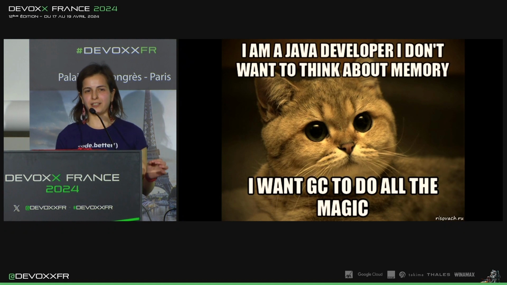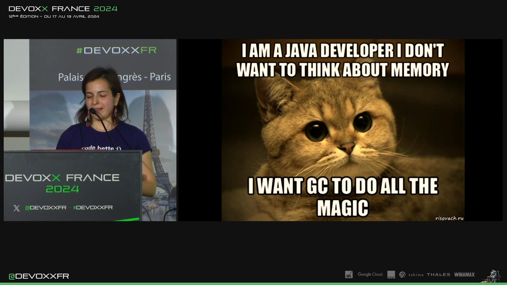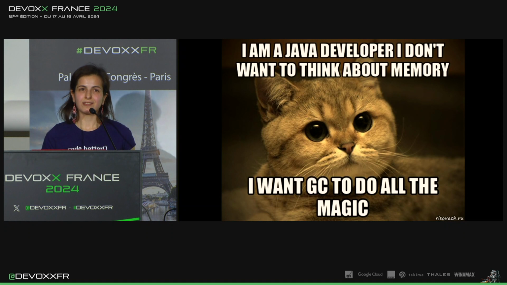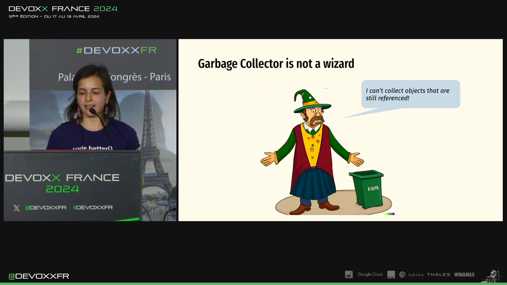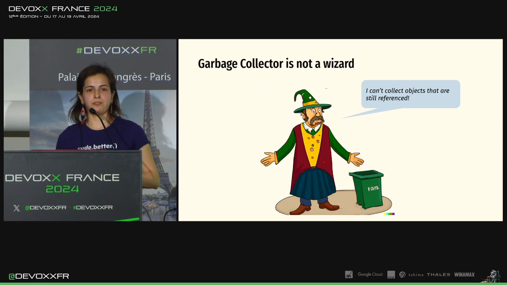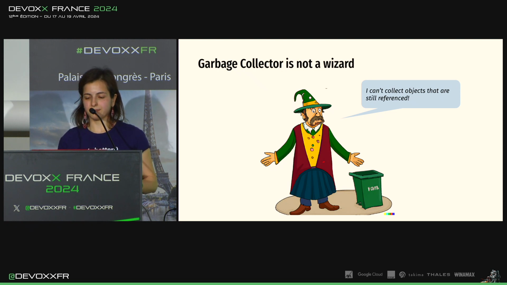Now the garbage collector can do all the magic. But unfortunately, that's not always the truth. Why? The garbage collector is great, it helps us a lot, but it's not a wizard. The garbage collector cannot collect objects that are still referenced. And it is the developer's responsibility not to reference the things that you don't need.